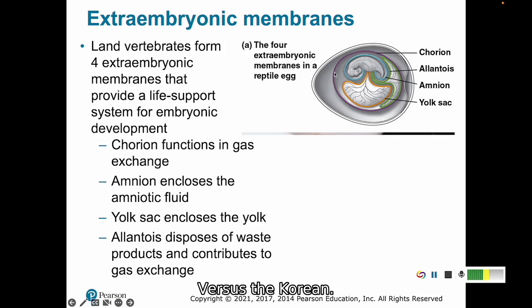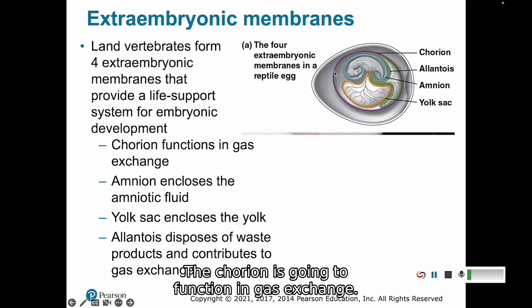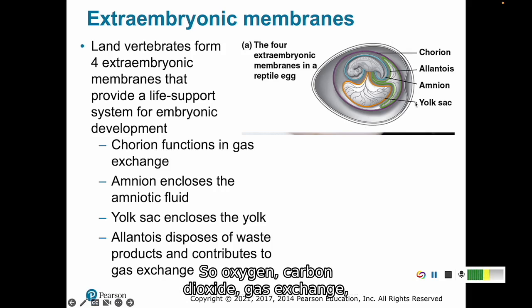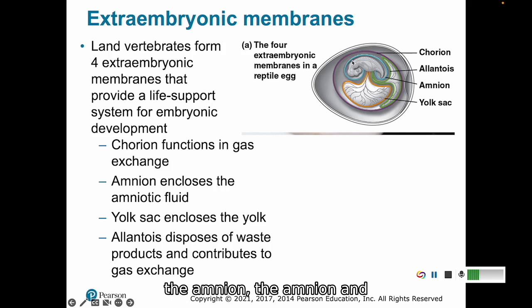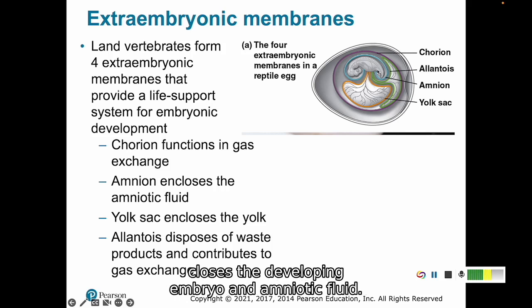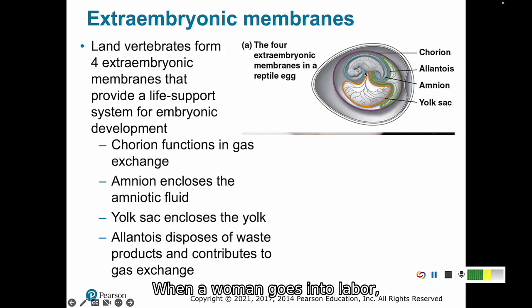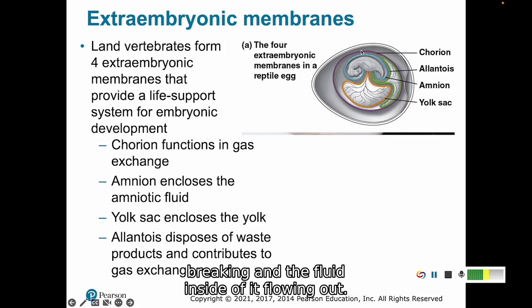First is the chorion. The chorion is going to function in gas exchange, so oxygen, carbon dioxide gas exchange. The amnion. The amnion encloses the developing embryo in amniotic fluid. When a woman goes into labor, if you've heard of her saying, her water broke, that refers to this membrane breaking and the fluid inside of it flowing out.